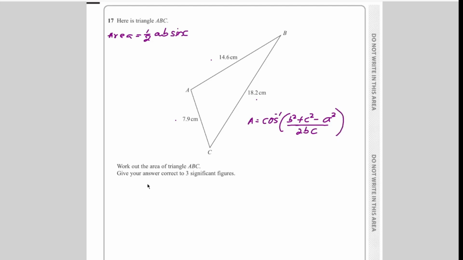So let's plug in the values into this formula. So here A equals, I'm going to get this angle first. A equals cos inverse, B squared. Let's get this one as B. These are the two sides.